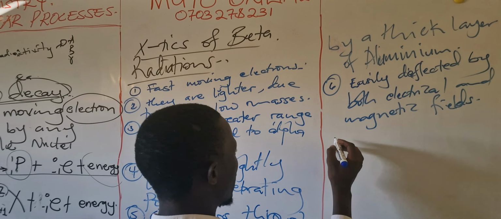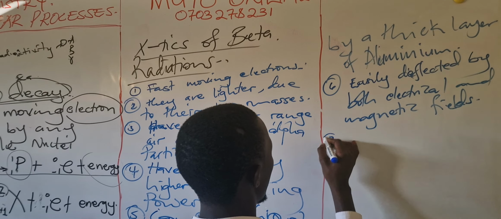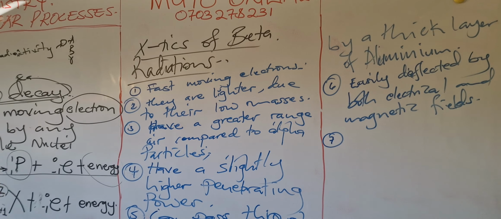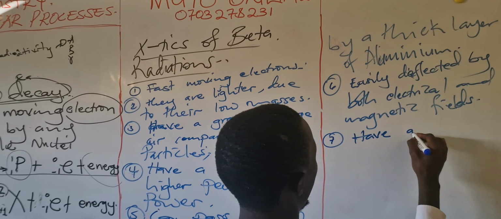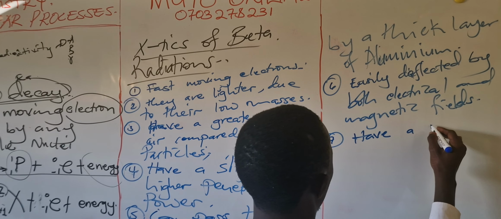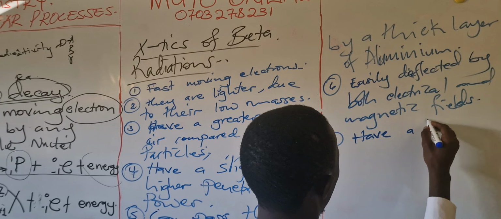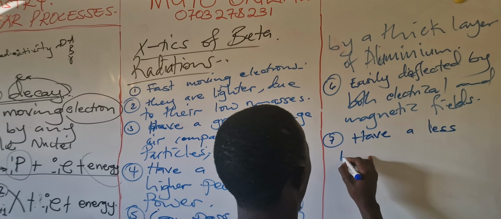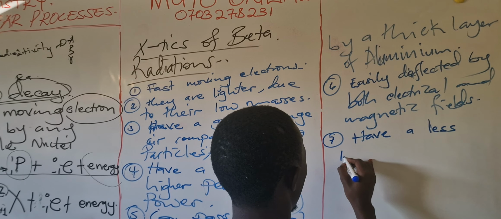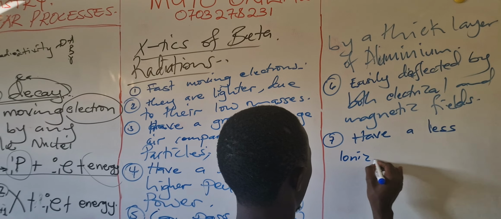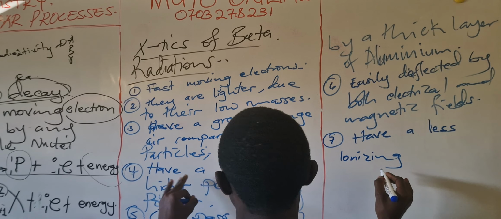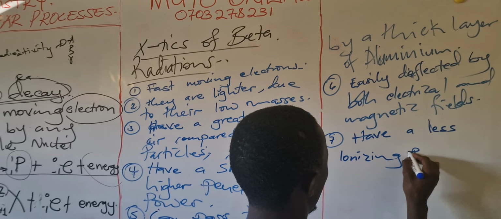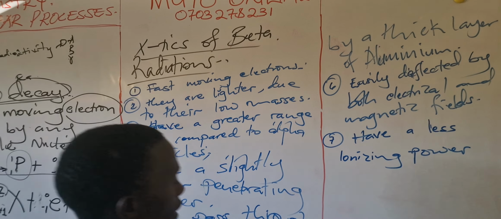These kinds of radiations, the beta radiations, have a less ionizing power compared to the alpha particles.